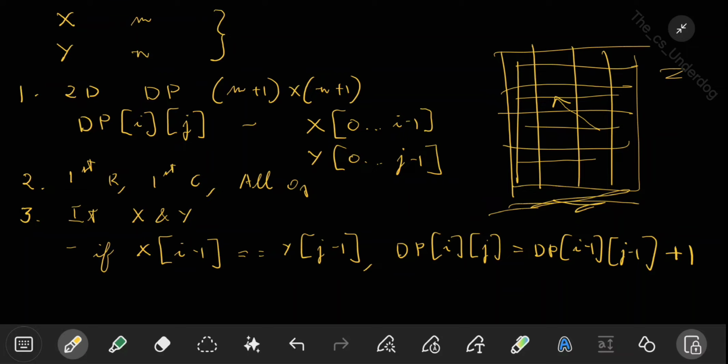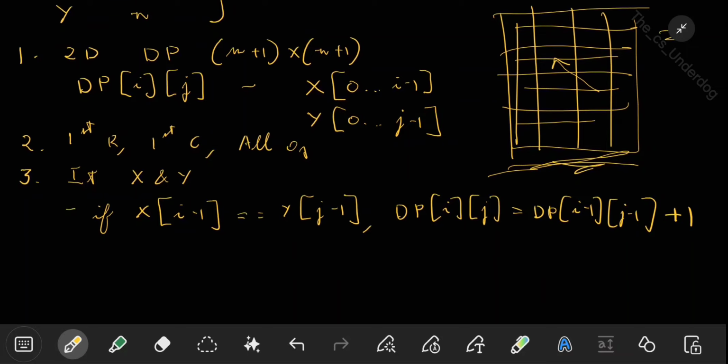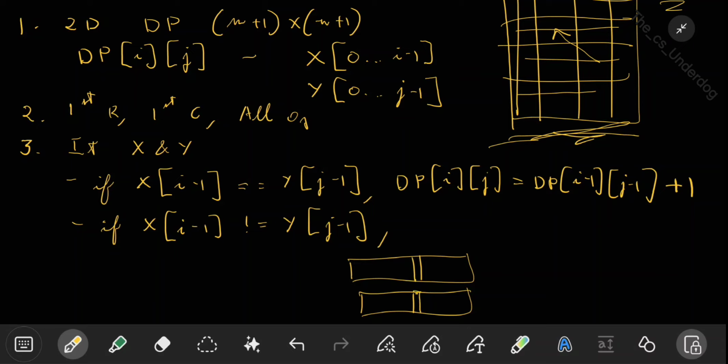Next step is different. What are we going to do in the next step? The next step is, what if these are not equal? So in case X[i-1] is not equal to Y[j-1], in this case, what should you do? In case it is not equal, what did we do in case of longest common subsequence? We knew that one string is X, another string is Y. Let us say these two particular letters do not match.